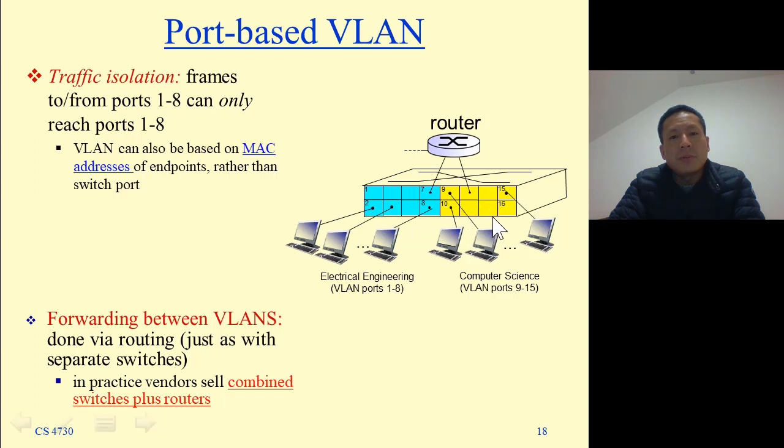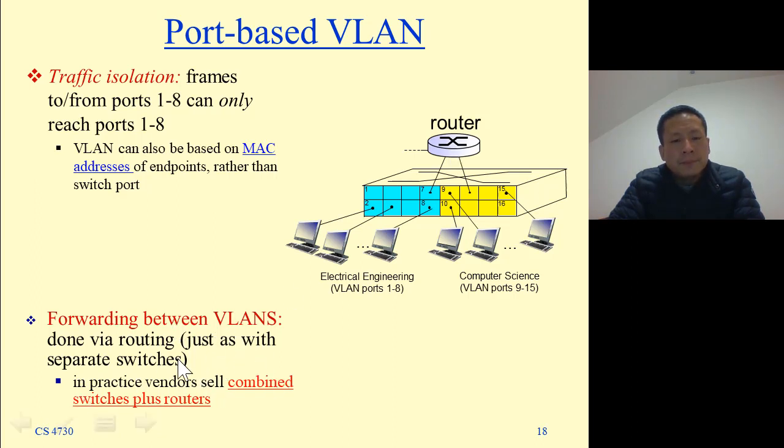Similarly for the other ports, right? The traffic is isolated; they cannot see each other's frames. And if you want these groups to talk to each other, you may have to involve routers or routing functionality.